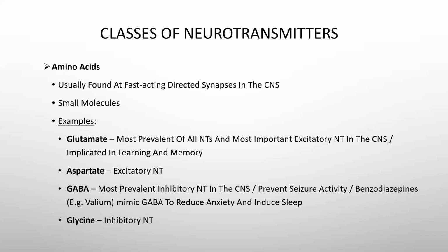Okay, aspartate is also an excitatory neurotransmitter. GABA is the most prevalent inhibitory neurotransmitter in the CNS. It actually prevents seizure activity, and benzodiazepines, for example, Valium, mimic GABA to reduce anxiety and induce sleep. And we also see glycine with an inhibitory role.